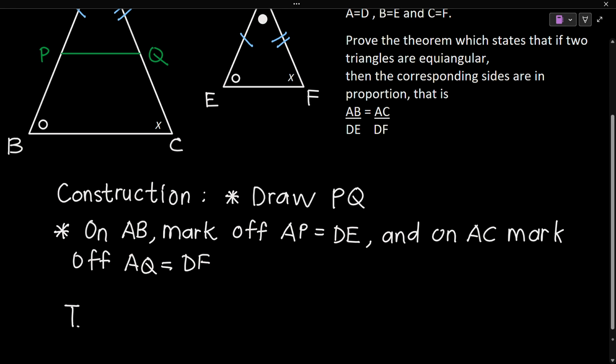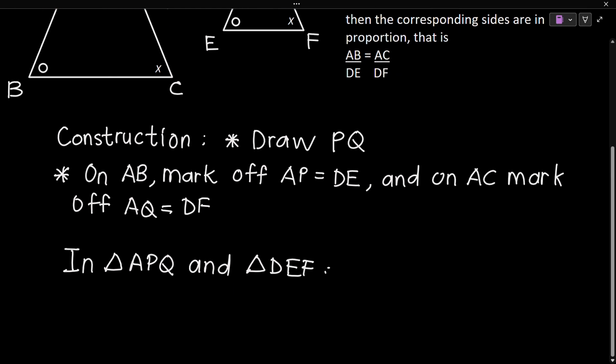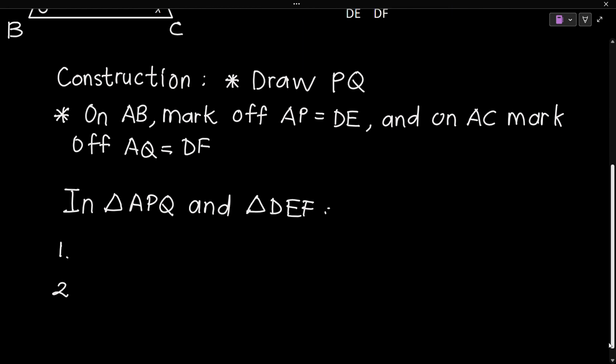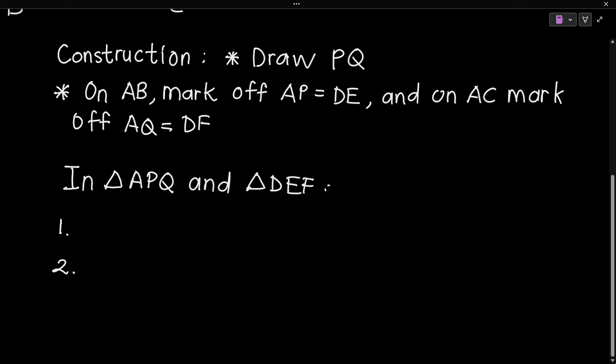So let's say in triangle APQ and triangle DEF. Now remember, congruency requires three reasons. So we need to have three separate reasons that are contributing towards having these two triangles being congruent.